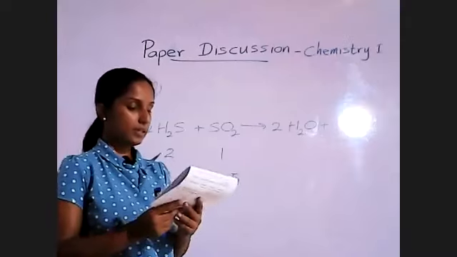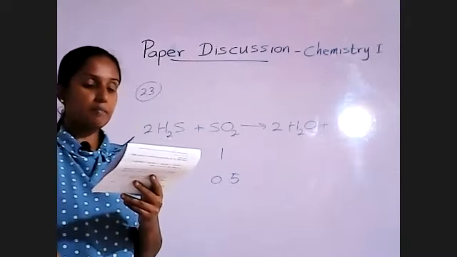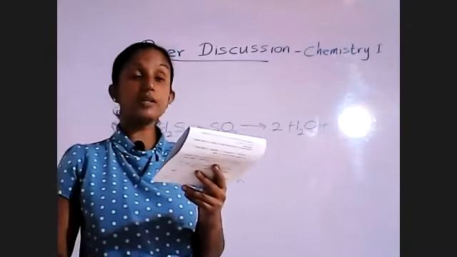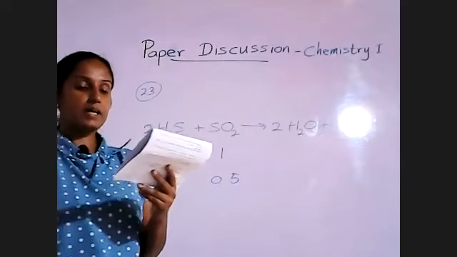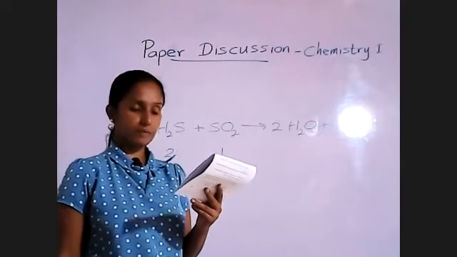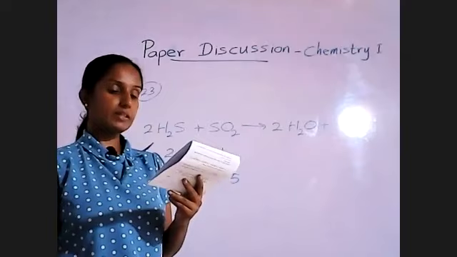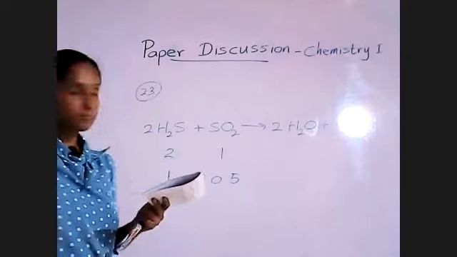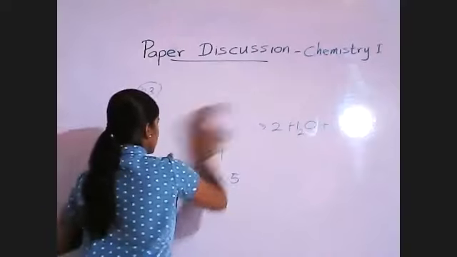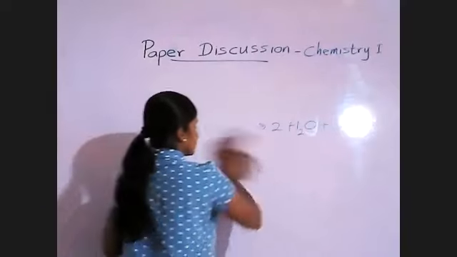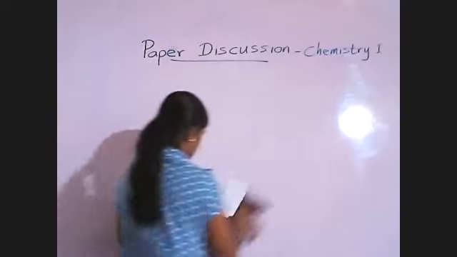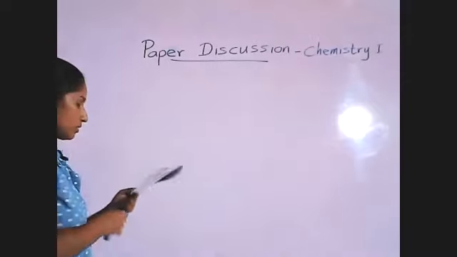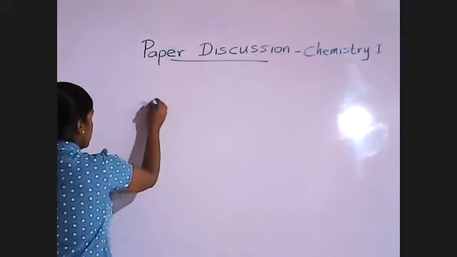Look at question 26. The number of electrons and the number of neutrons in the ion indicated by the symbol 11, 23 sodium plus ion, respectively, are. What is the ion given here?